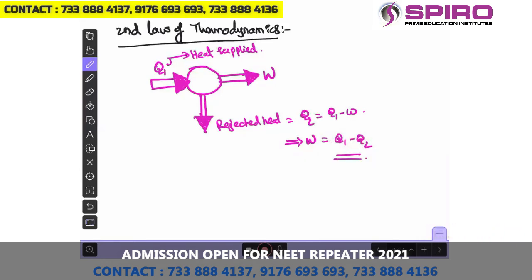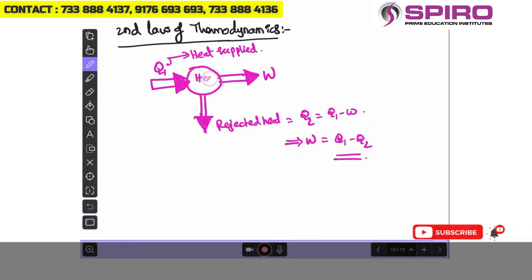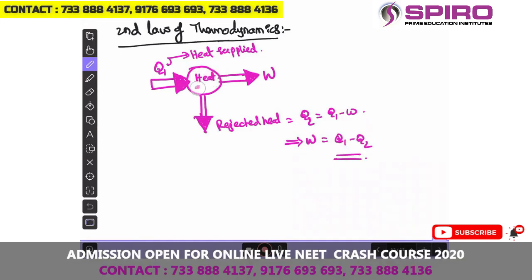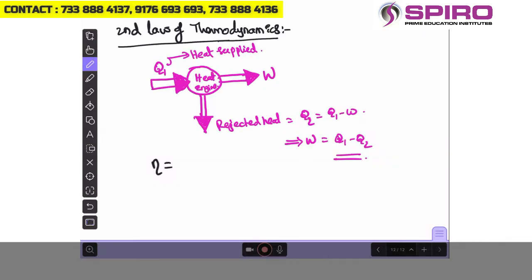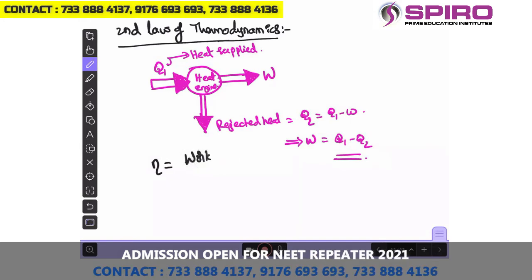Okay, so now the efficiency of this heat engine is to be calculated. Efficiency of the heat engine is equal to work done divided by heat supplied.